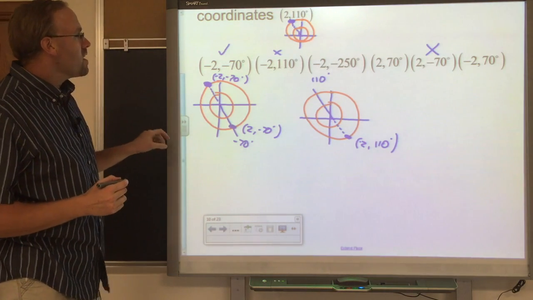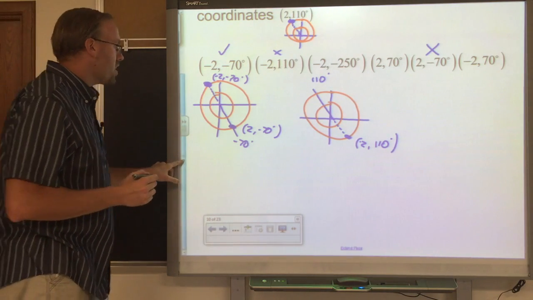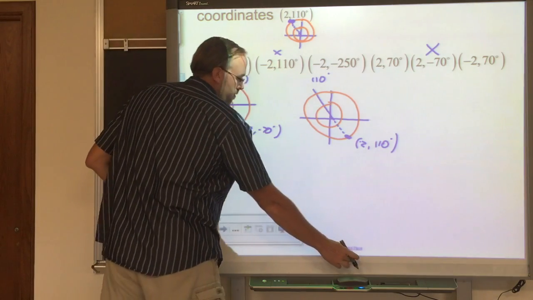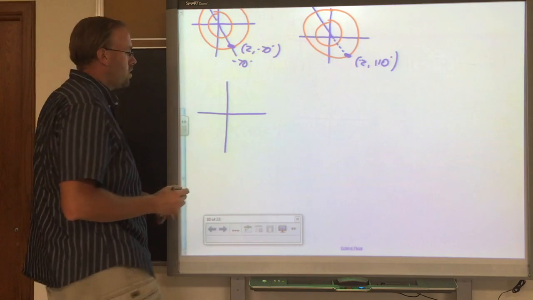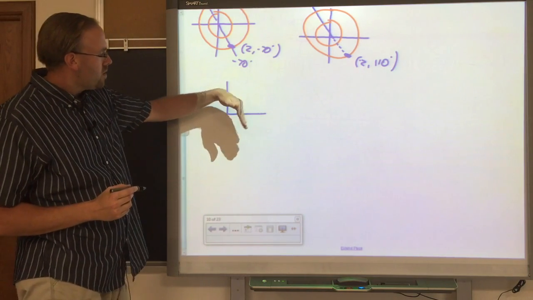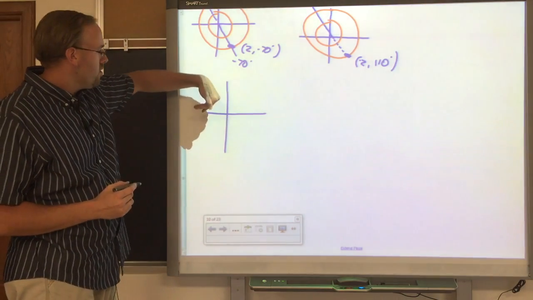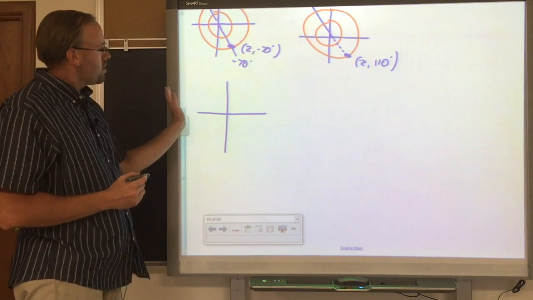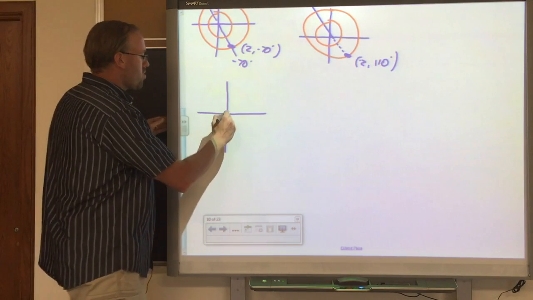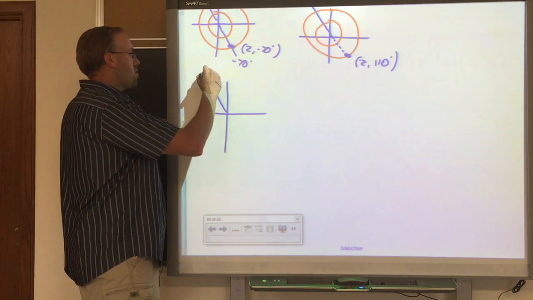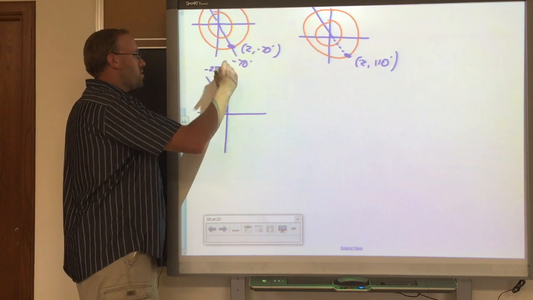Next one, negative 2, negative 250. Well, if we have a negative, this would be negative 90 down here, negative 180. This would be negative 270, so if we pull it back 20 degrees, this is negative 250 degrees.